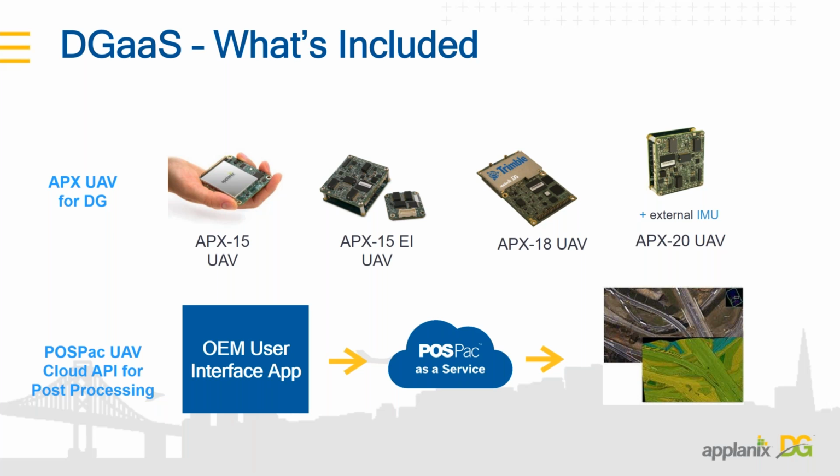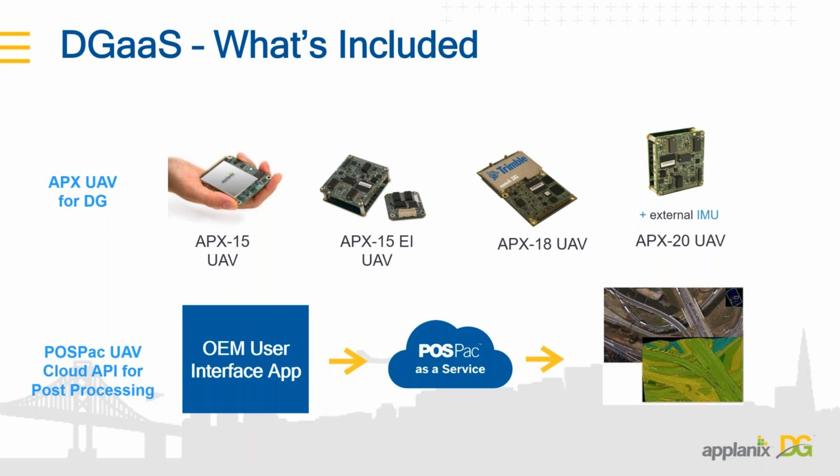So really it's made up of two key parts. One is the GNSS INS integrated board set. What you're seeing are a collection of boards here, and I'm going to go through in just a minute and describe what each of these boards does and when you would want to use these, as well as our POSPAC UAV cloud solution.